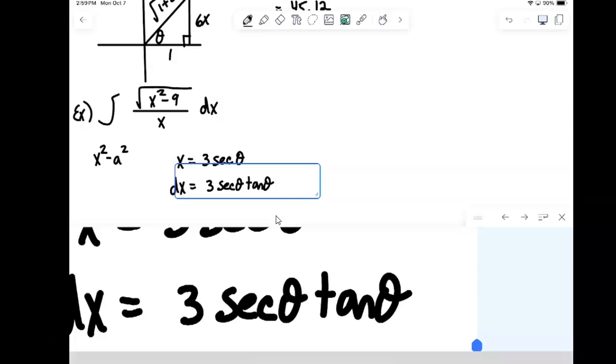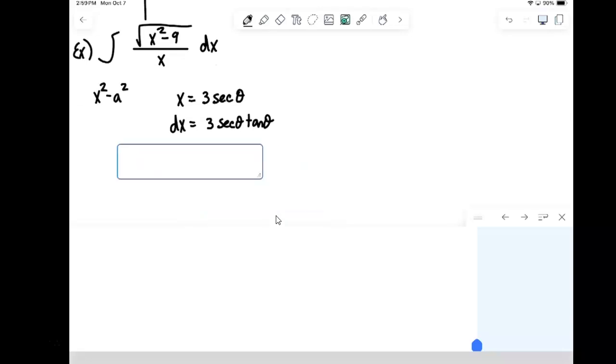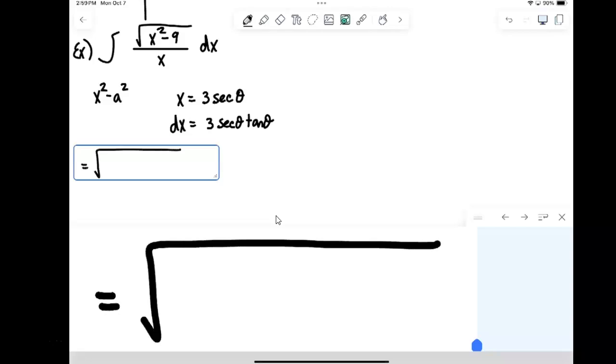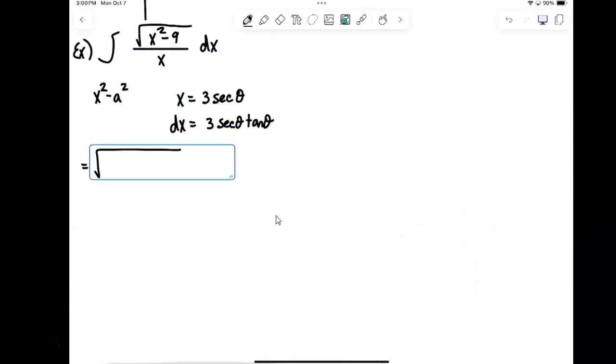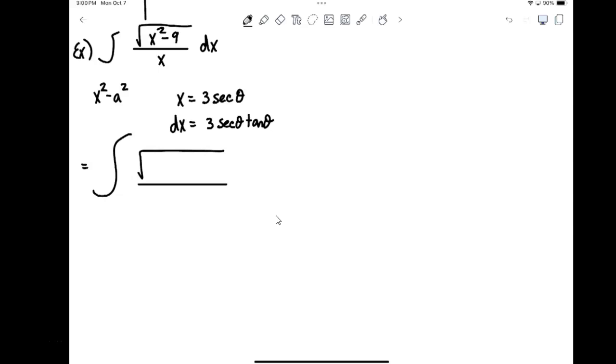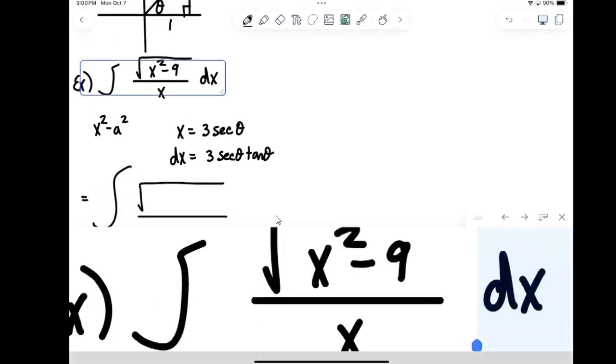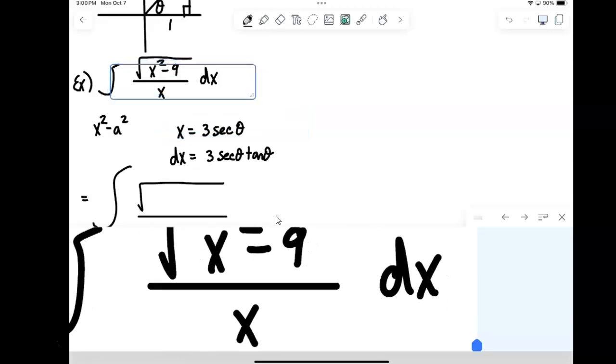Okay. And so we go in and put in what we have and see how things are going to work out. So in the integral, we'll have the square root of x squared minus 9, all going to be over x squared, so 3 secant theta all squared.